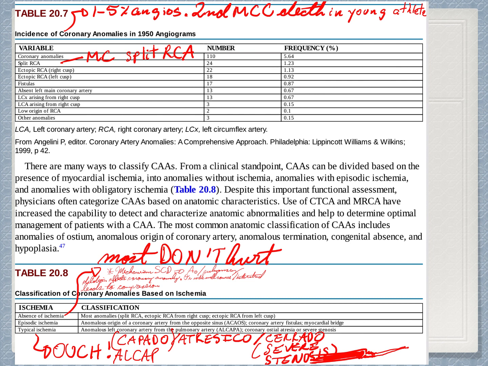Also, an aortic wall course or interatrial course may lead to compression. Typical ischemia is usually seen in atresic arteries, or where they are severely stenosed, or in the context of ALCAPA, which is anomalous left coronary artery from the pulmonary artery.